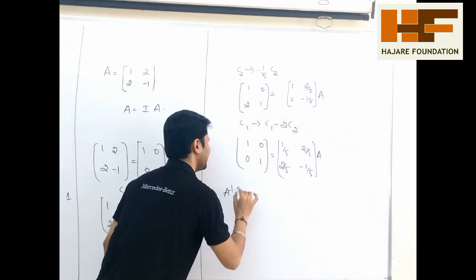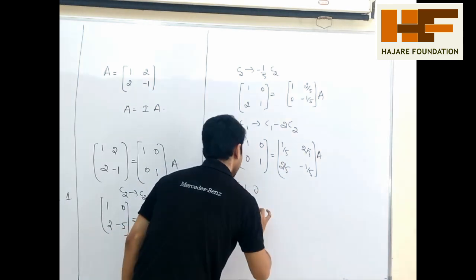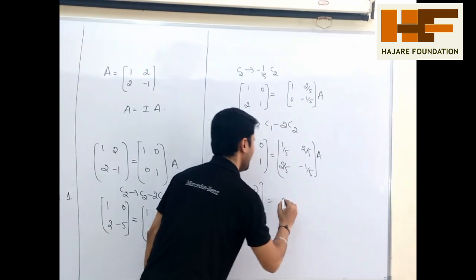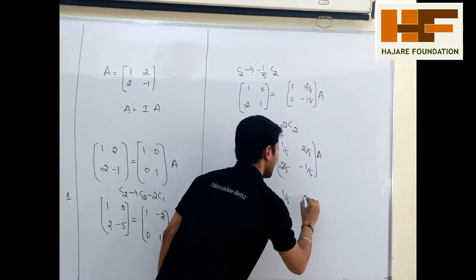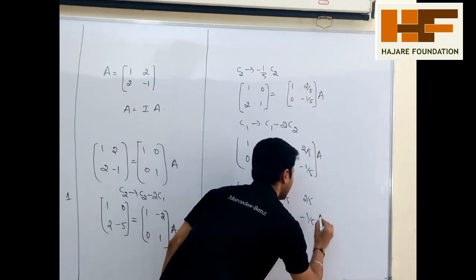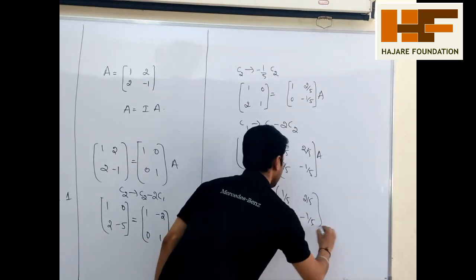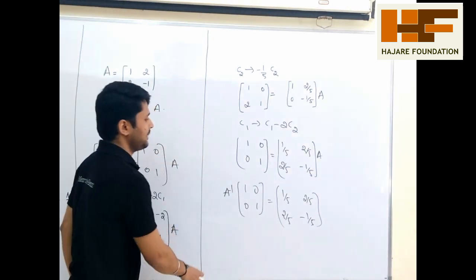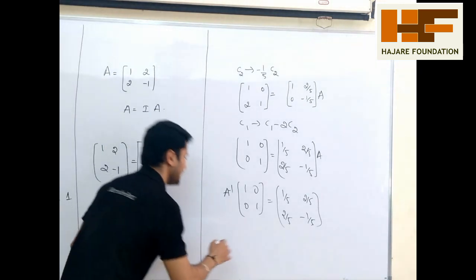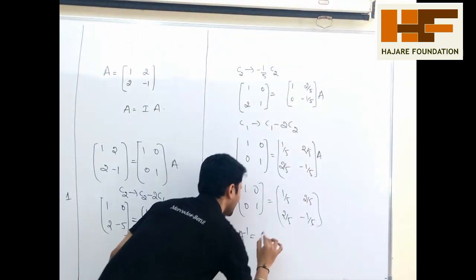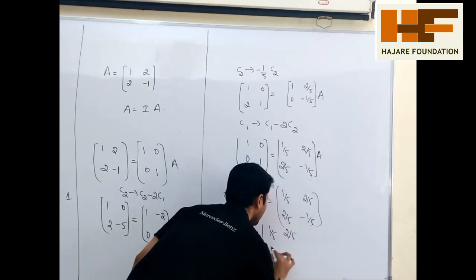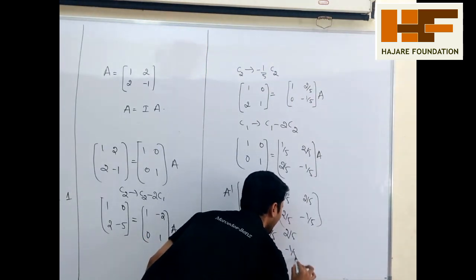At that time, A inverse is equal to 1, 0, 0, 1, which is equal to 1 by 5, 2 by 5, 2 by 5, minus 1 by 5. When we multiply the identity matrix with any other matrix, we again get the same matrix. So A inverse is equal to 1 by 5, 2 by 5, 2 by 5, minus 1 by 5.